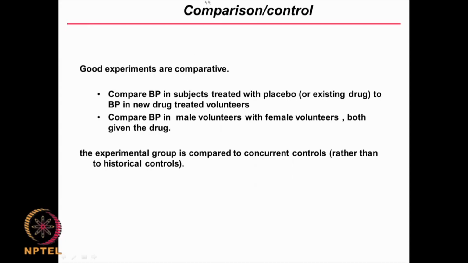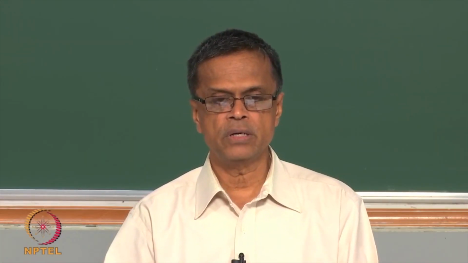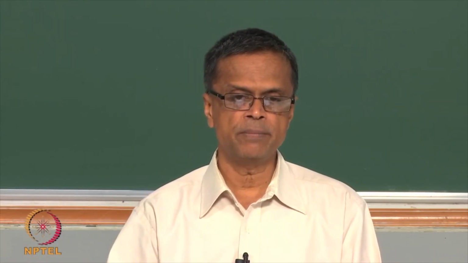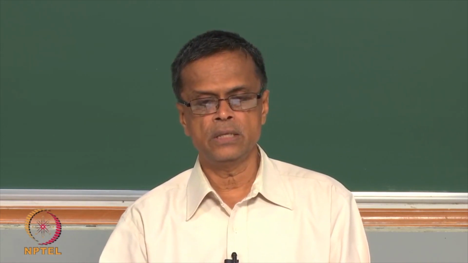So, comparison and control are very essential. We have been looking at many problems with this idea. Never compare with historical controls. That is not a very good idea unless you do not have a control. For example, you can say the lifespan of people has increased from, say, 40 years in the 19th century to almost 70 years.